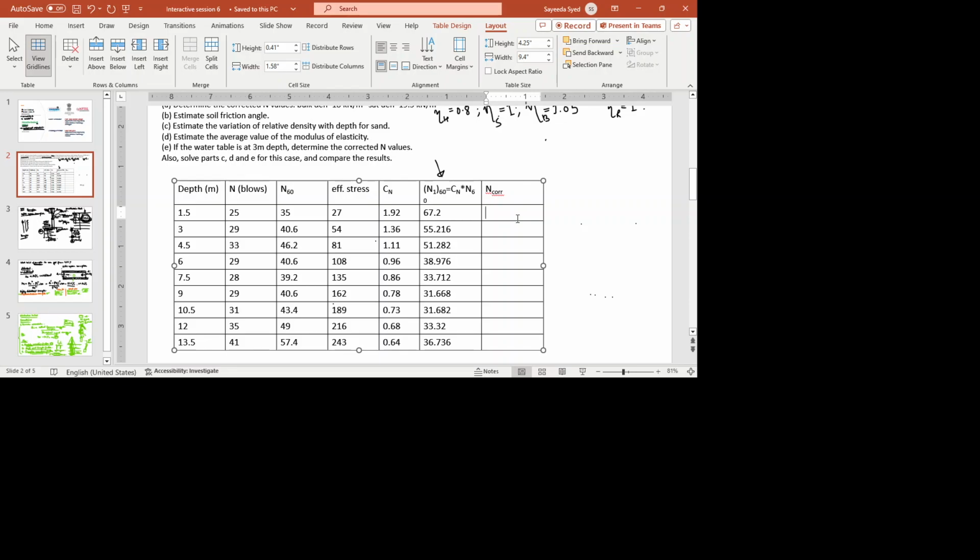So this will be 63. This will be 55. This will be 51, 39, 34, 32, 32, 33, and 37.